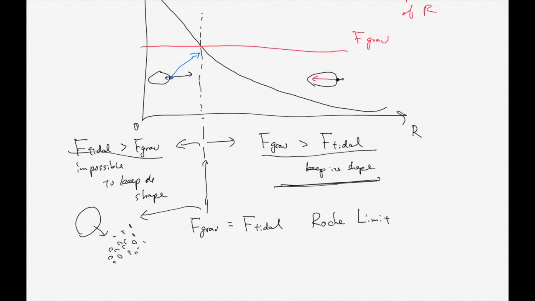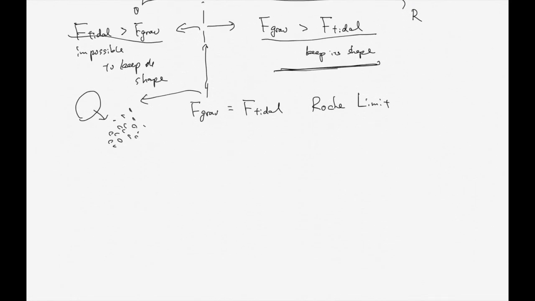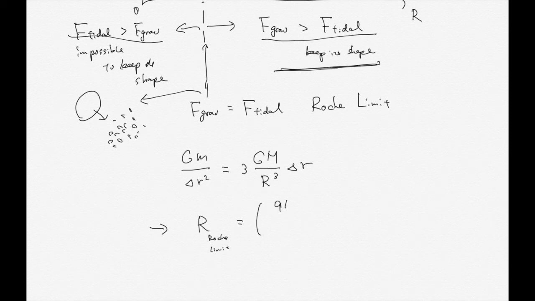And by equating these two equations, F gravity, GM over delta r squared, equals 3 GM over R cubed delta r. From this equation you can find the Roche limit, which is equal to (9M over 4 pi rho)^(1/3).